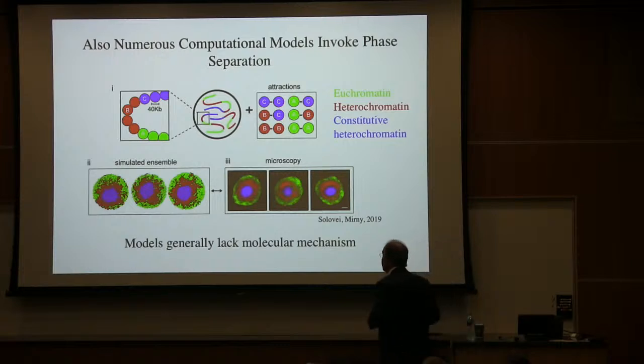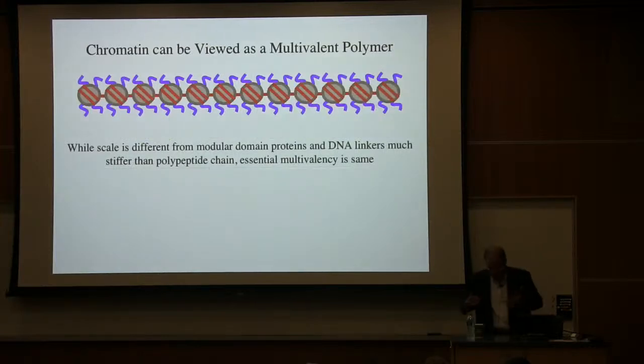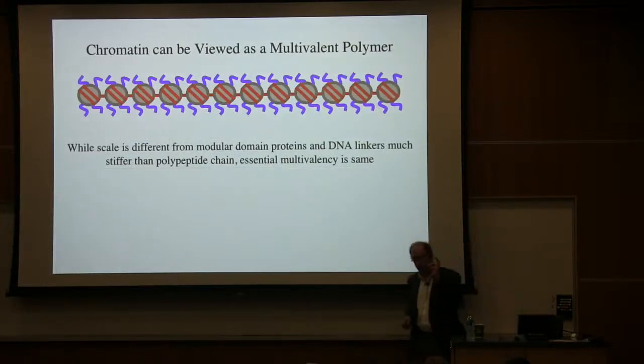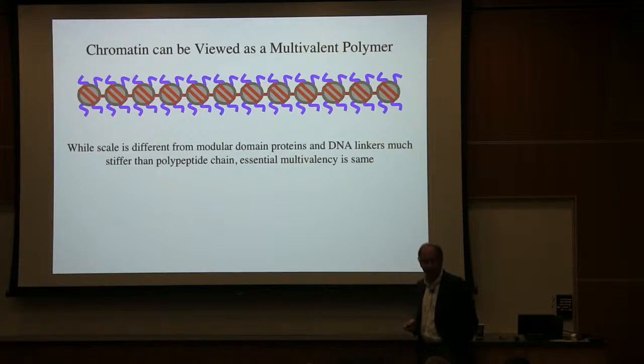Now, I got interested in this area through this lens of multivalency-driven phase separation, in the following way. Chromatin can be thought of as essentially a large, long multivalent polymer with the nucleosome as the basic unit.